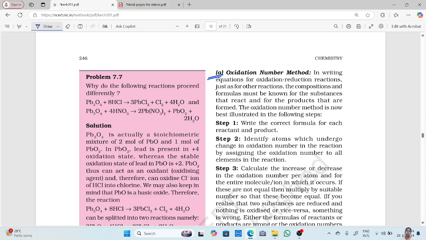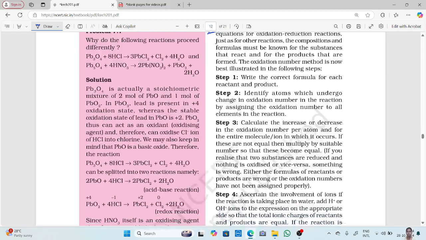In this case, you have to know the equation for both the oxidation as well as the reduction reactions. If you know the composition formula of the reactants as well as the products formed, you can easily balance them. The oxidation number method is best illustrated in the following steps. Now we will see the oxidation number method step by step.